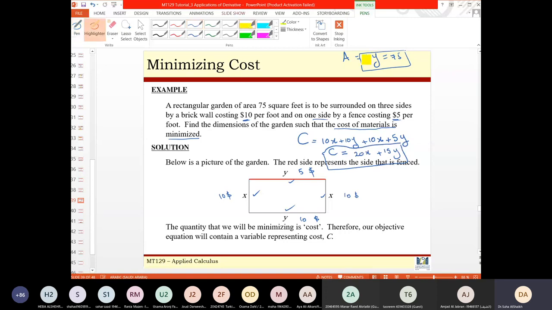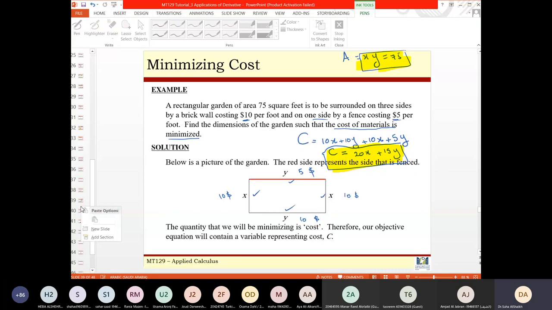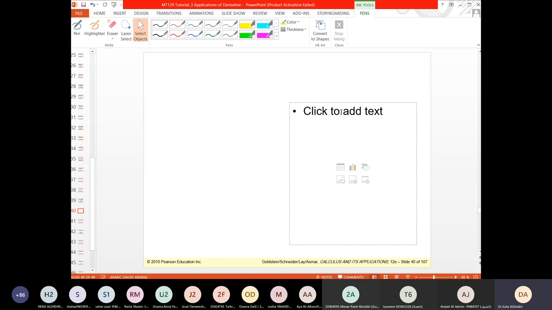So we got 2 equations. And we have to solve them to minimize the cost. Let me solve it in an empty space here.